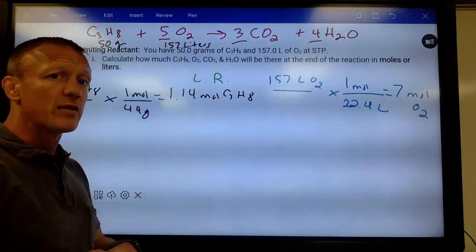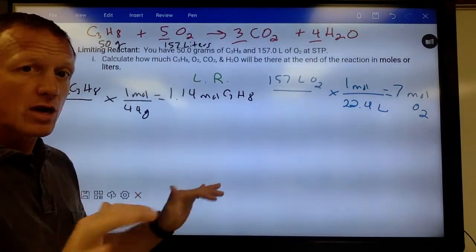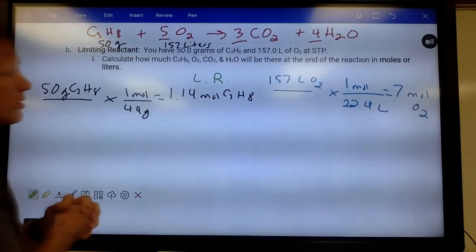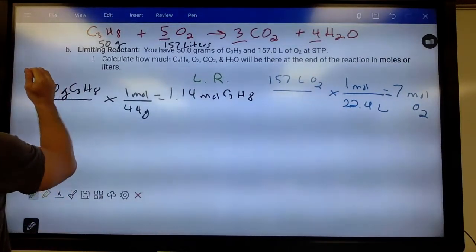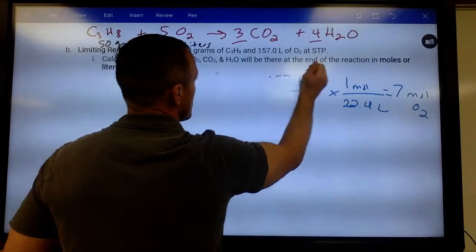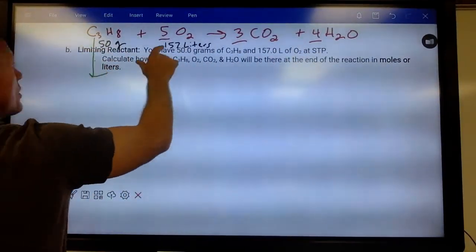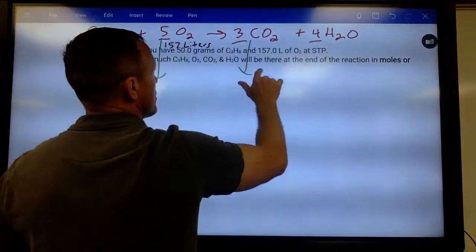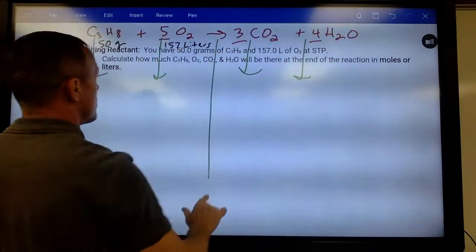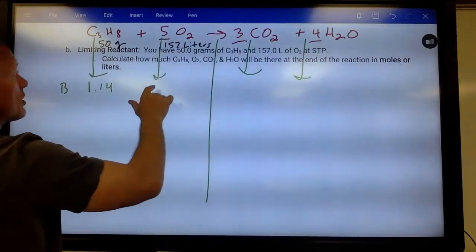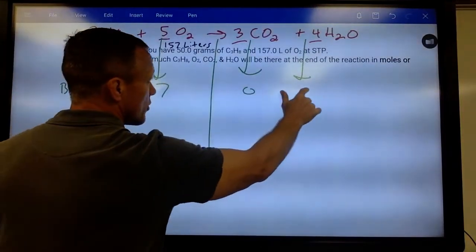We could do a little BCA table. I'm going to erase this and do a BCA table, working my way down. Before, this was 1.14 moles and this was 7 moles, and the products would be 0.